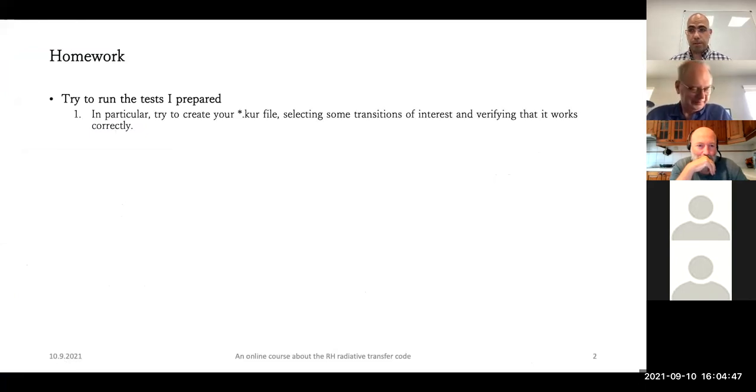This is the same as the two previous classes: just pick a transition or a spectral region where you are interested in working, try to pick up the lines from the Kurucz file, and then create a file like we did. Be sure that the levels you are including are under LS coupling, or if not, modify them following the instructions from last class and today's class. Then try to create an atmosphere.